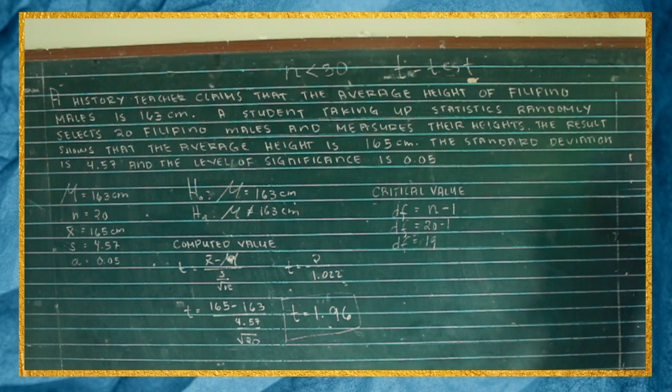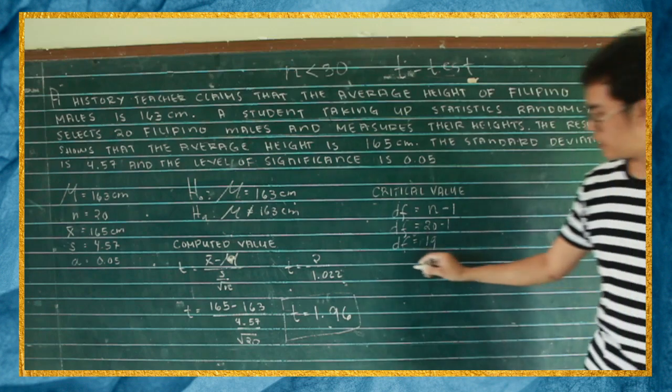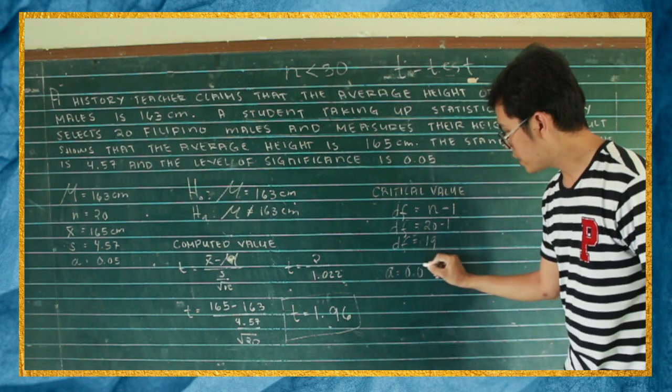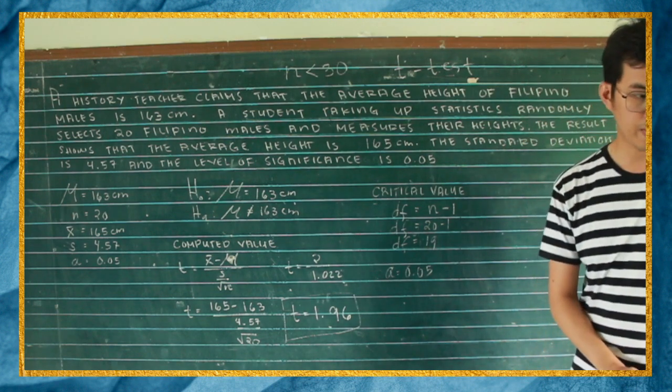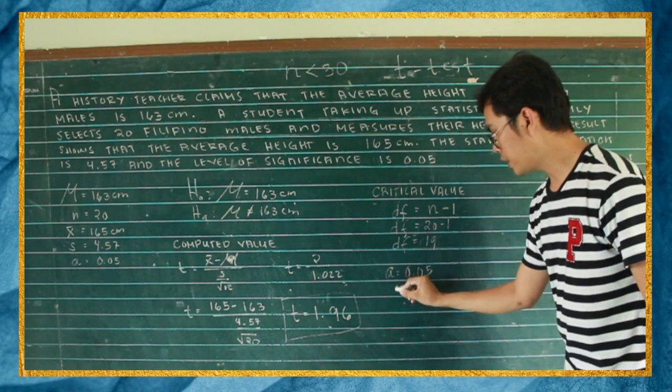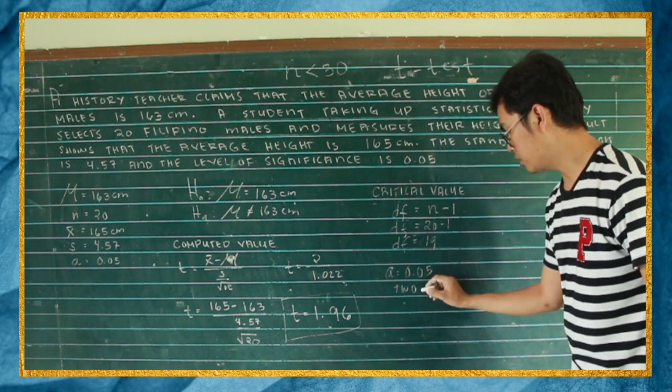Next, you have to check, ang level of significance natin is 0.05. Tama? Since non-directional tayo, that is 2-tailed. Sa exam yung 2-tailed din lang ngayon.